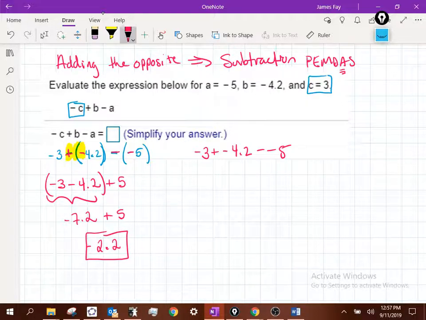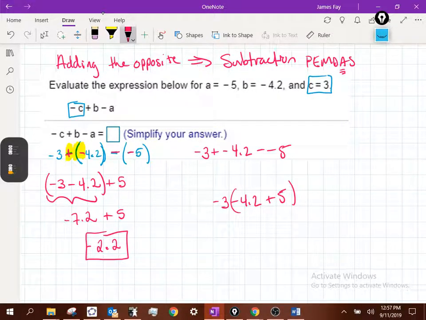Okay, now like I said, you could have been a person that says, I'm going to take negative 3 minus 4.2 plus 5, and I'm going to group the first two. I'm going to group that one and that one. So that gives me negative 3. Now I add those two together. That should give me 0.8.